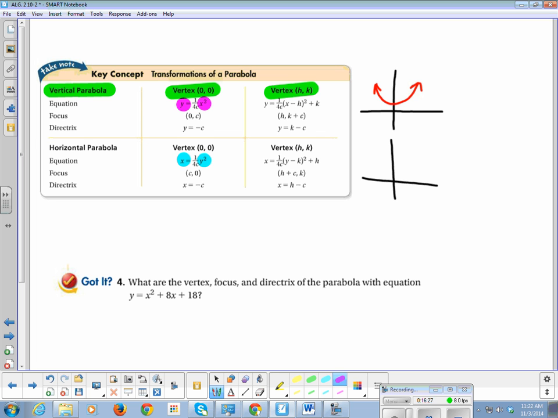On the vertical parabola, y equals 1/4c x squared, and on the horizontal parabola, x equals 1/4c y squared. And this one will either open to the right if a is positive, or it'll open to the left if a is negative.